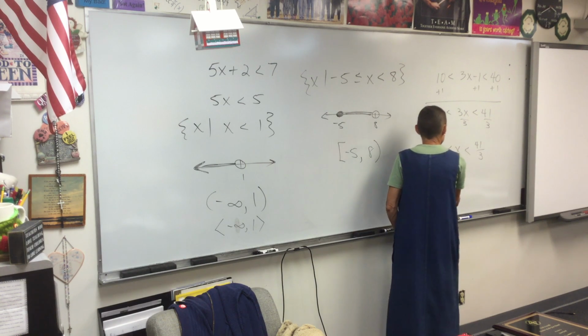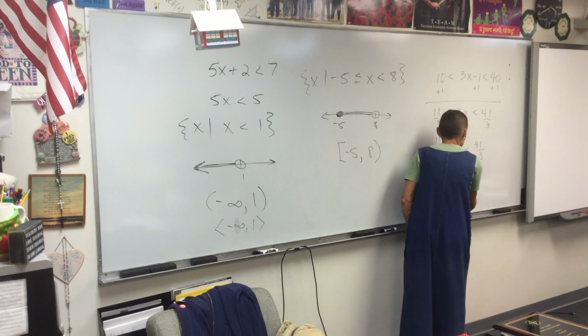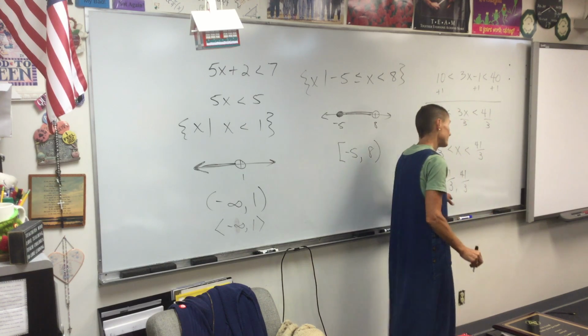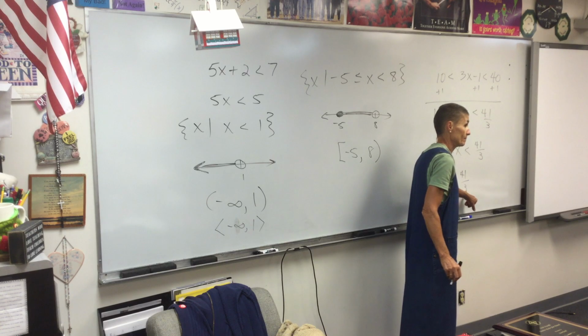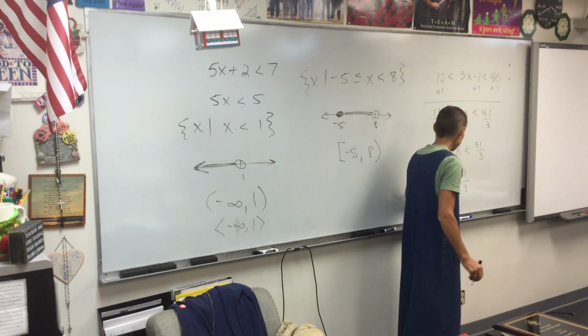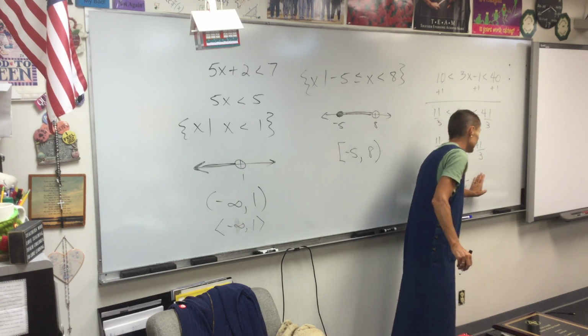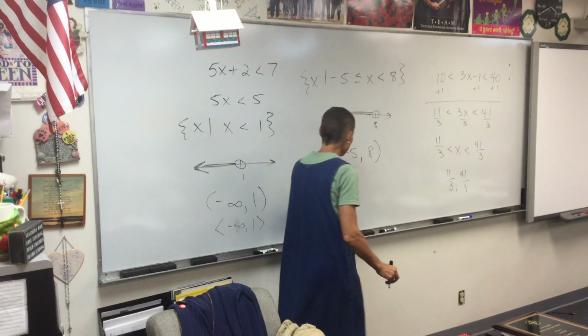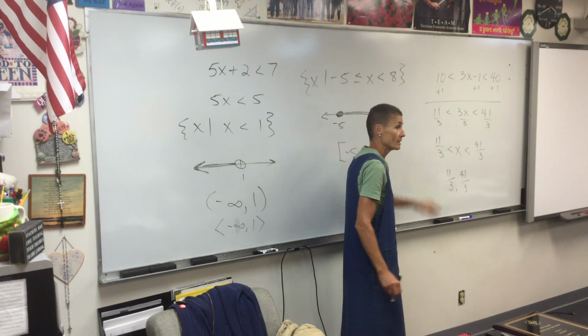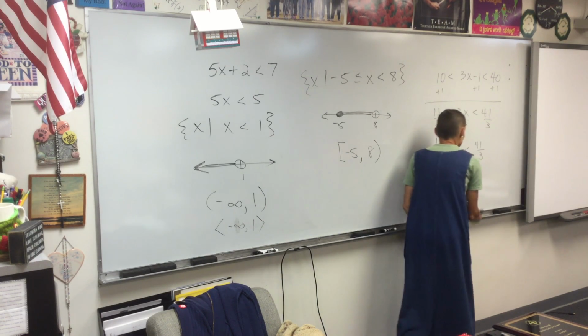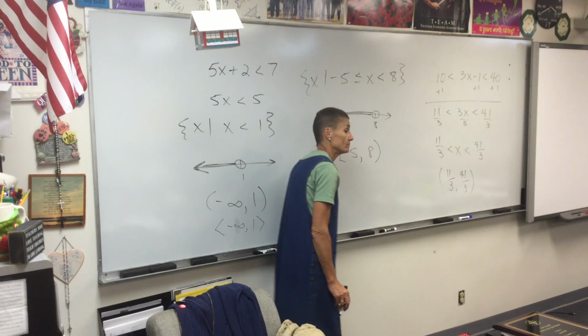Well, what symbol? I got my 11 thirds and I have my 41 thirds. And oh, by the way, when you write those down, make sure they're in order, little big. Now, I need a symbol here. Am I going to use my bracket or am I going to use my parentheses in this problem? Parentheses. There's the answer to the question.